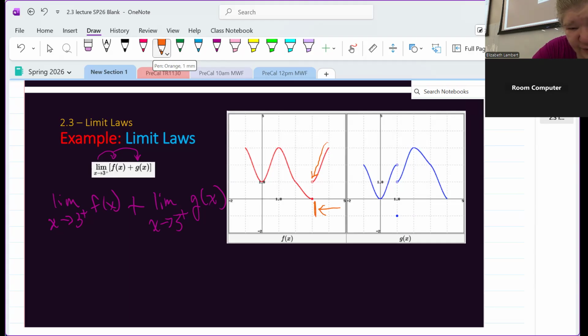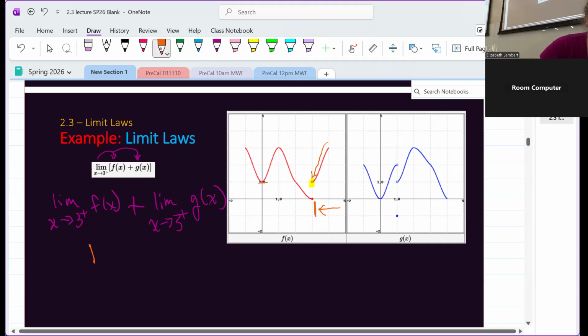Our y value for this location. Yep. All right, so this guy is 1. Even though the circle is not filled in, that's what the values on the right are coming towards.